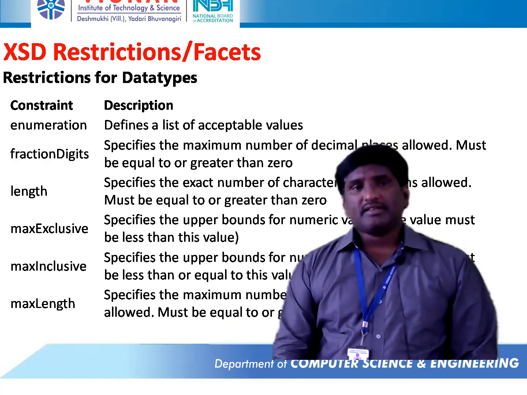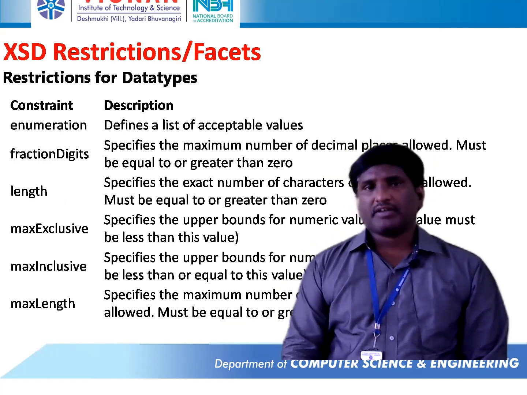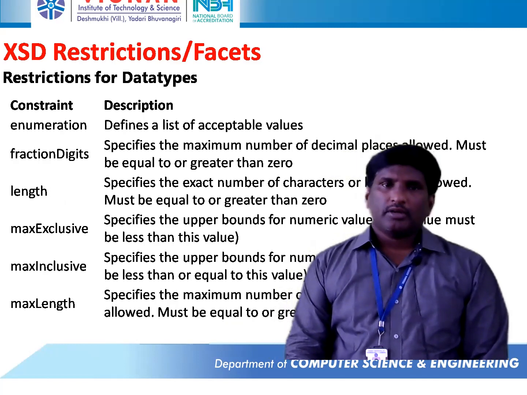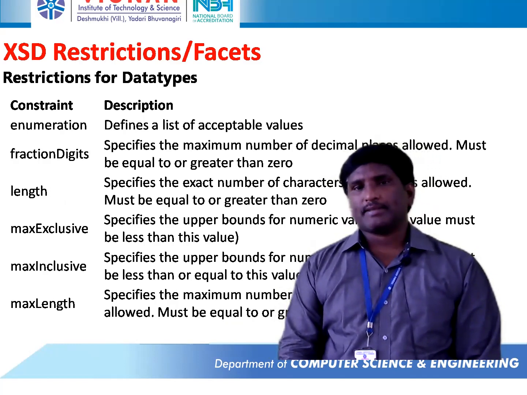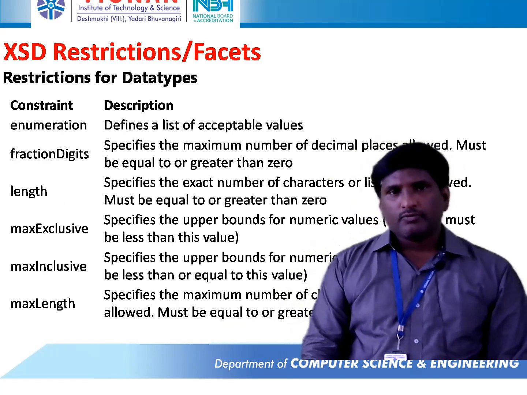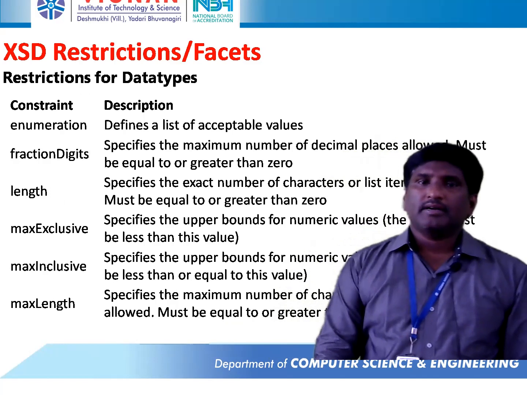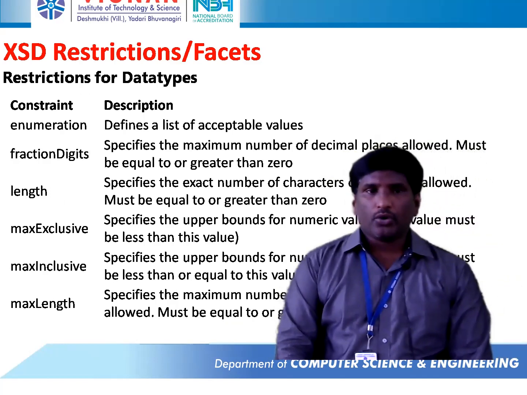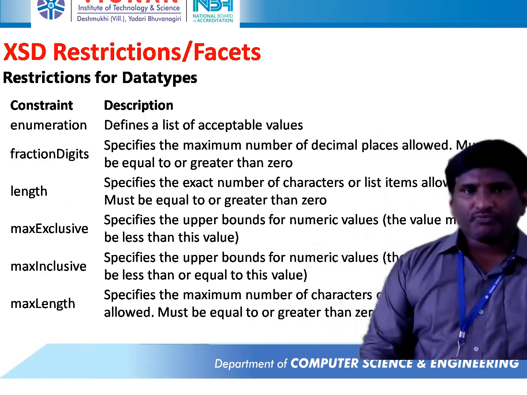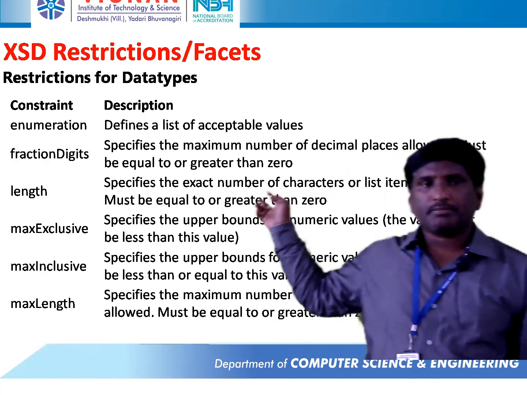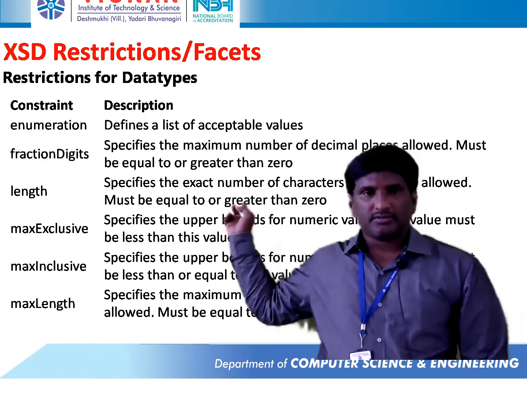And what are the restrictions for the data types? Enumeration defines a list of acceptable values. Fraction digits specifies the maximum number of decimal places allowed, which must be equal to or greater than 0. Length specifies the exact number of characters or list items allowed, which must be equal to or greater than 0.